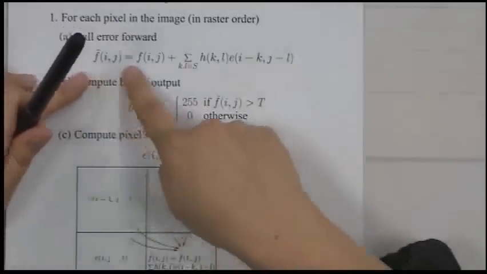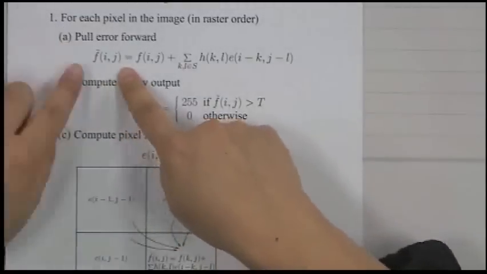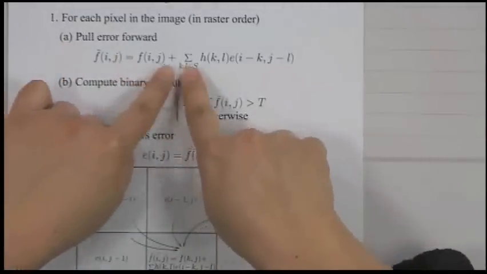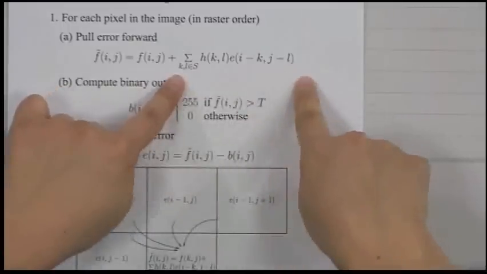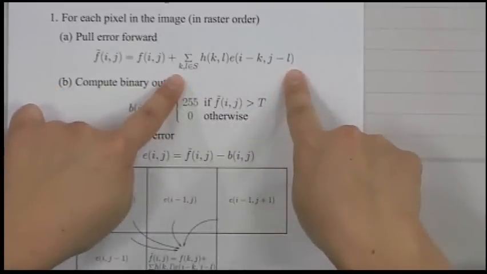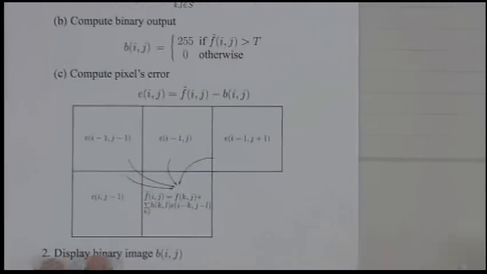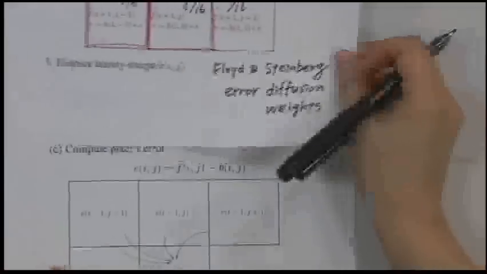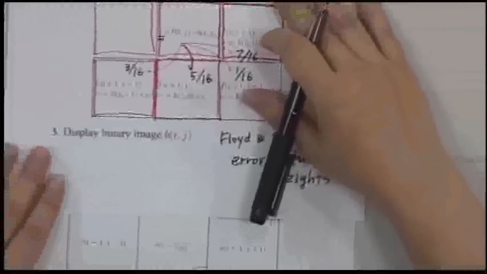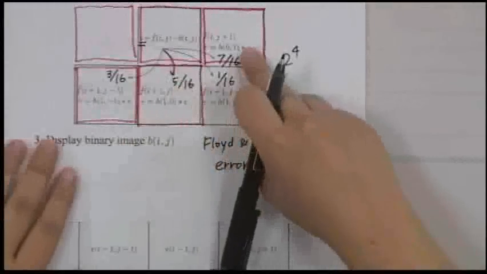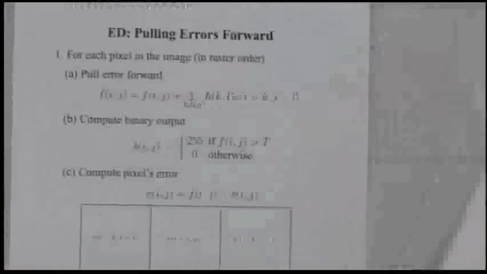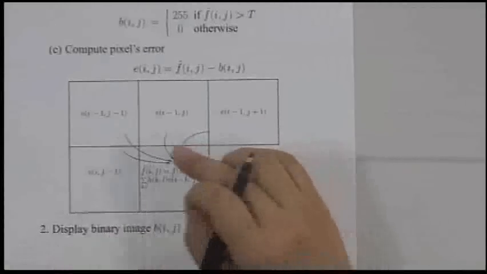So f tilde, the adjusted value, equals the original value plus collected errors from neighbors. And I want to mention, so this is a forward model. We have a number here, and we can fill in the corresponding number here.